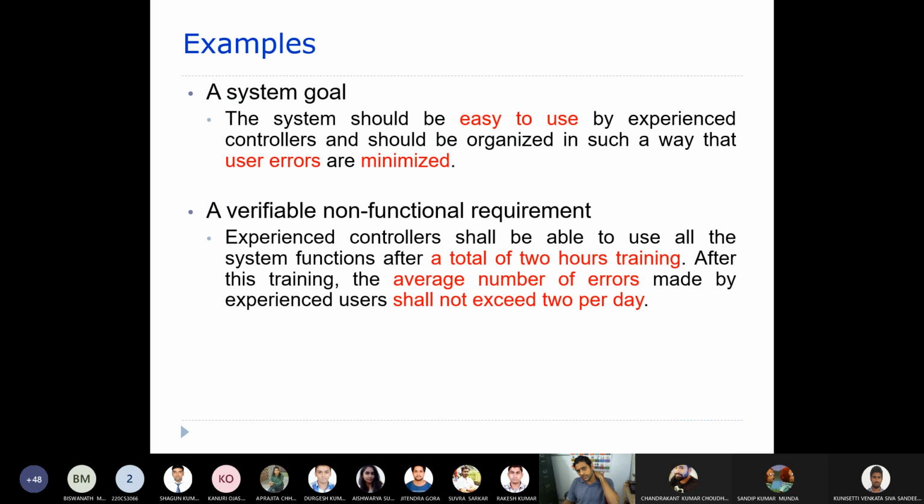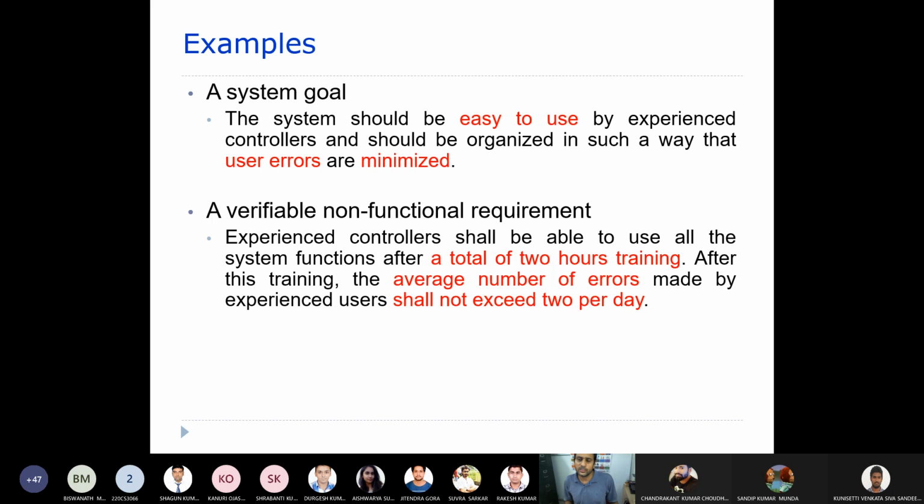A system goal is that the system should be easy to use by experienced controllers, and organized in such a way that user errors are minimized. So the main objective of these requirements is to make the software very easy to use by an experienced controller or experienced user.